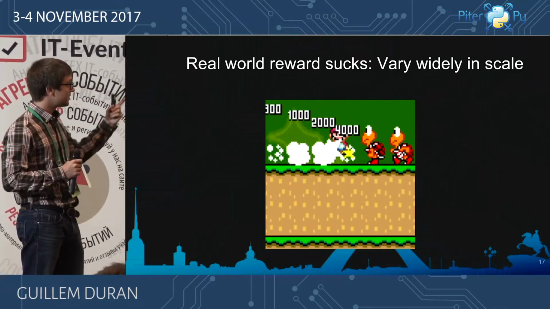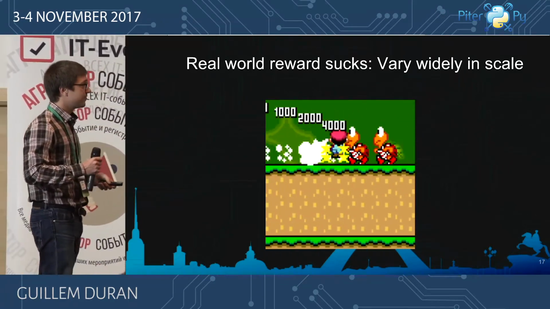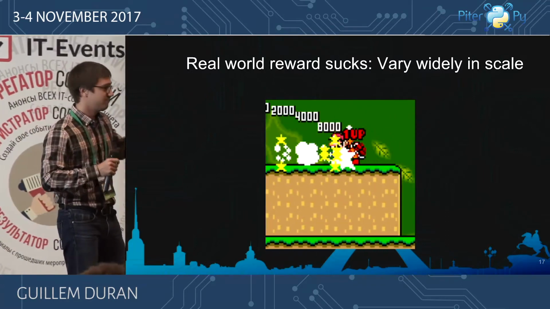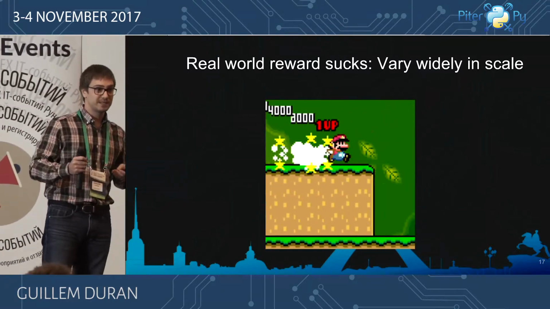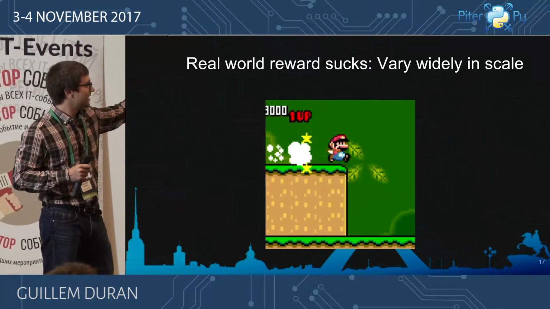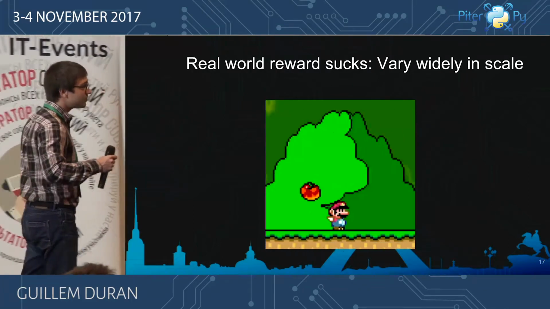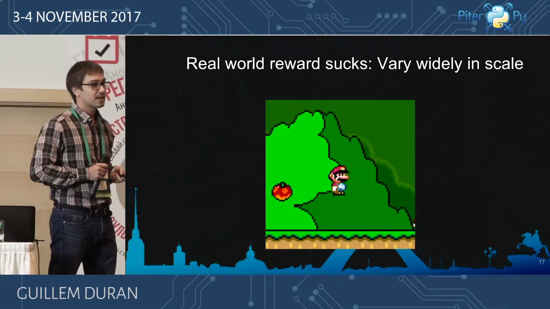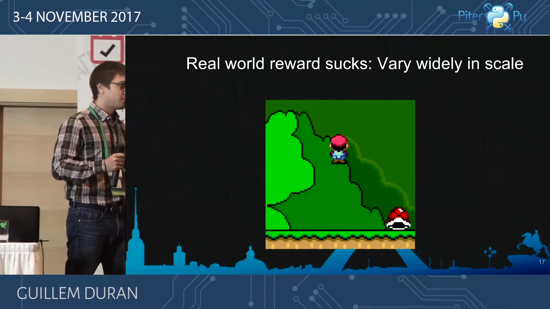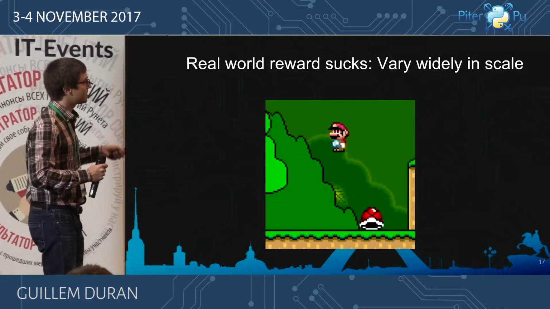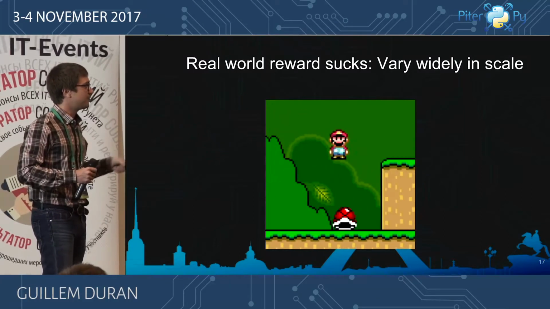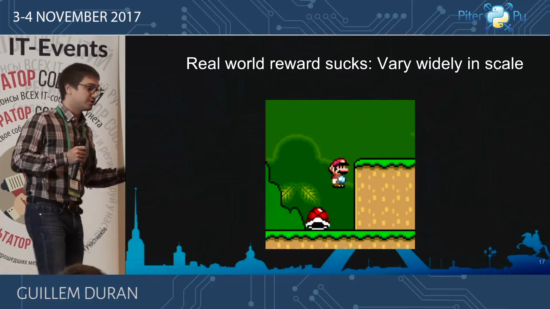For example, in this Mario Bros. example, you are not getting any reward when moving from one place to the other, but suddenly you can kill a lot of enemies and get a huge reward in just a few frames. This is pretty bad if you're trying to make a network converge, because it's basically just screwing up how you are trying to do the regression.